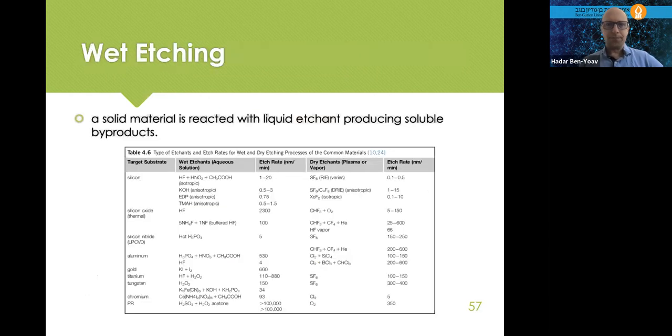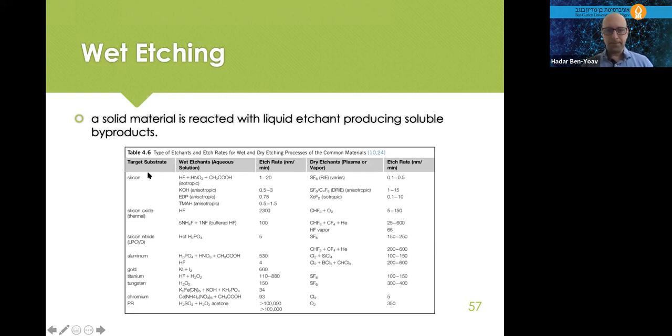Okay. So we have two different types of etching. We have the wet etching, which depends on what we want to etch. We choose the etchant, the aqueous solution that will etch through chemical reaction.